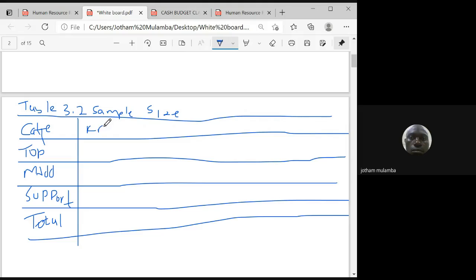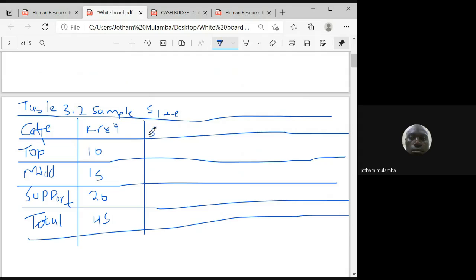Frequency. So top level we had 10, middle level we had 15, then support staff we had 20. Total was 45. So for purpose of illustration, let's use 90%.